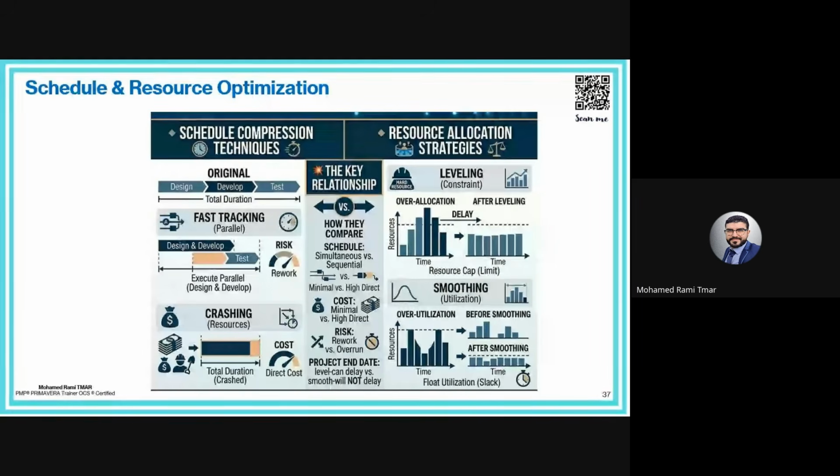One is to reduce and optimize the project duration, and one is to optimize resource use in case of over-allocation, for example. Okay. So to optimize the project duration, we use the techniques of schedule compression, which are fast tracking and crashing. And to optimize the resource allocation, we use strategies like leveling and smoothing.